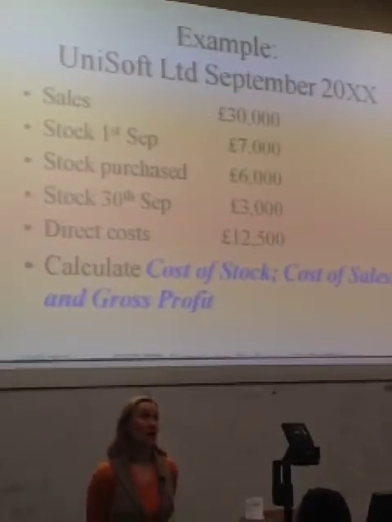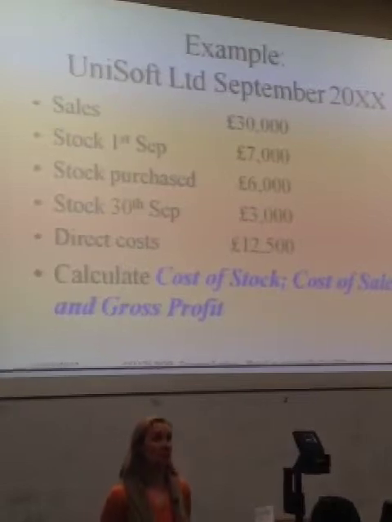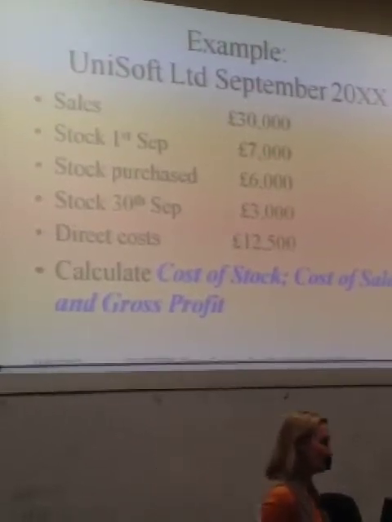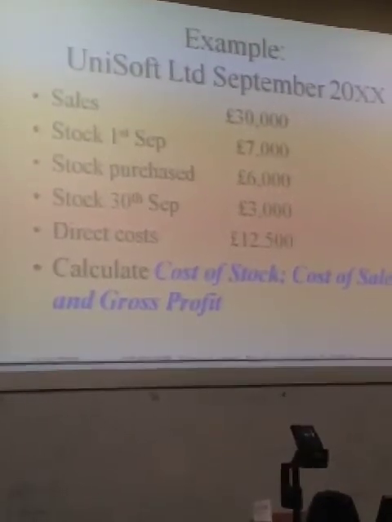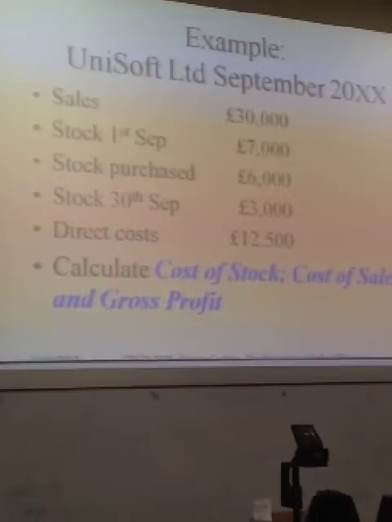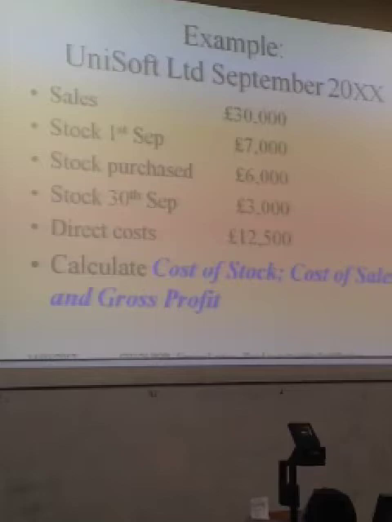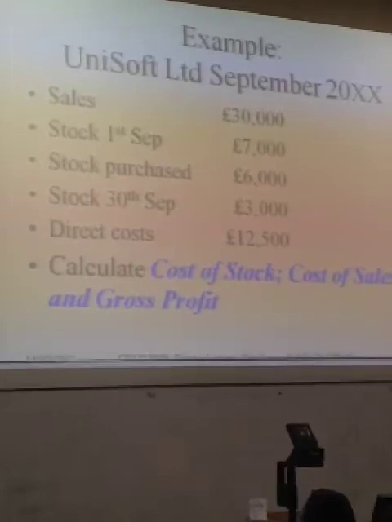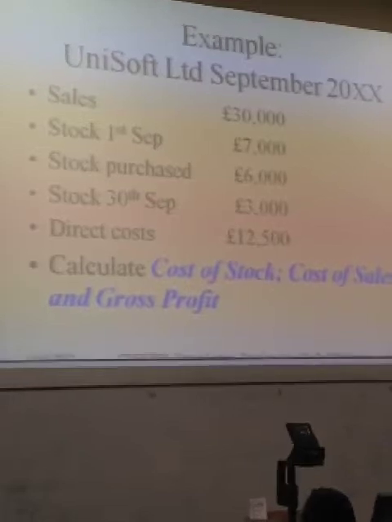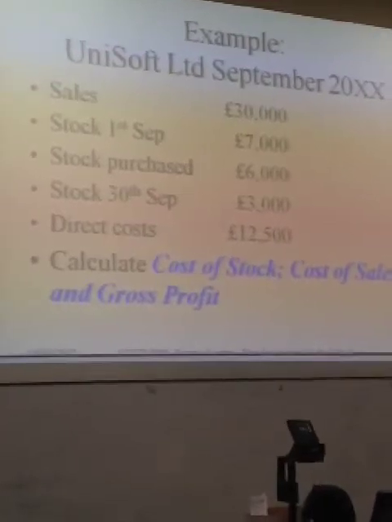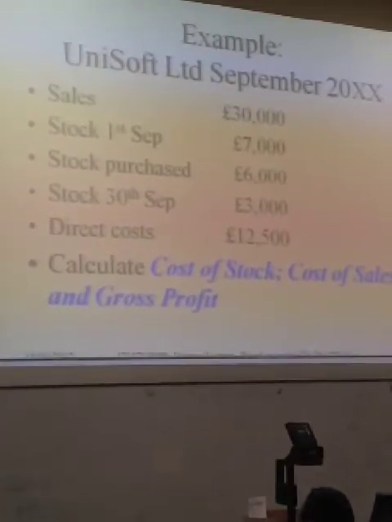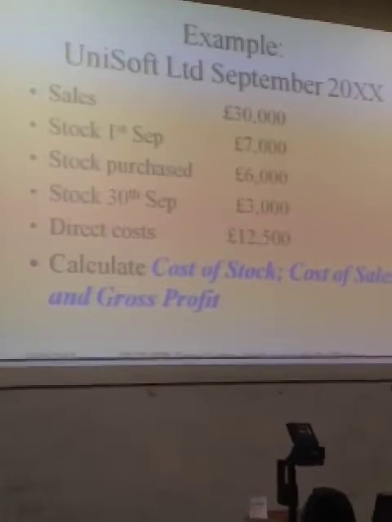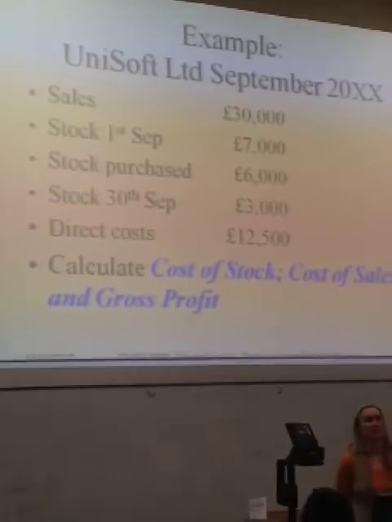Please do yourself a favour and write it out by hand, because when you do things by hand, for example, you might not line the figures up accurately. Therefore, you might misadd them up and get the wrong total. You need to practice doing it by hand, because that's what you're going to have to do in the examination. So write out cost of stock, cost of sales, and gross profit.